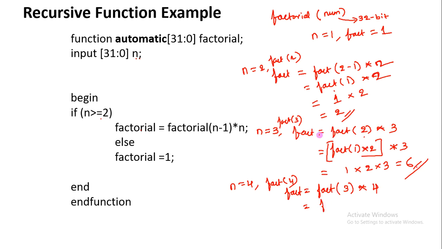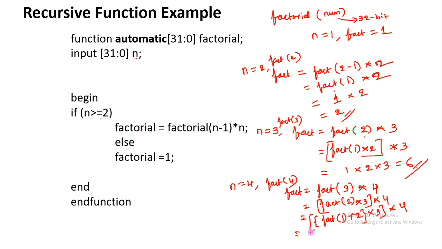Fact of 3 means fact of 3 minus 1, that is 2, into 3, into 4. Now, what is fact of 2? Fact of 2 we have already written here. So fact of 2 means, I use a flower bracket, fact of 1 into 2, flower bracket closed, and into 3 into 4.